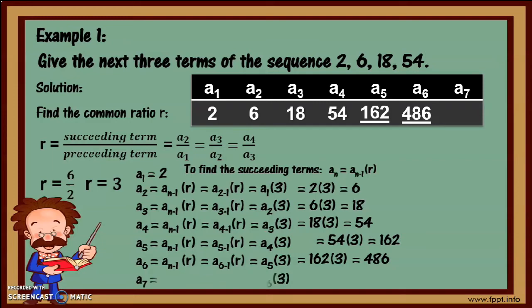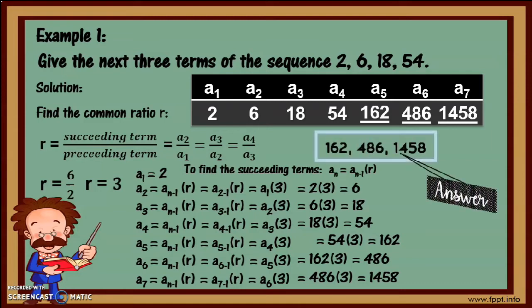And lastly, a sub 7 is equal to 486 times 3 equals 1458. So therefore, the next three terms that we are looking for are 162, 486, and 1458.